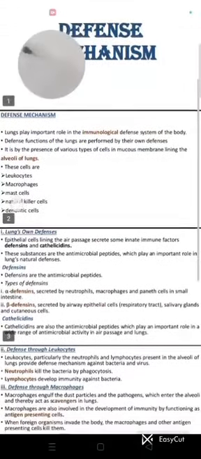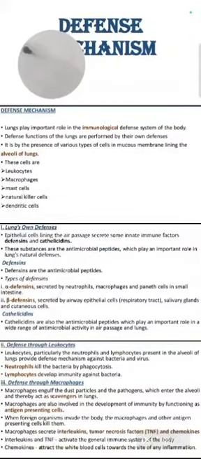So the defense mechanism of the respiratory system. In the respiratory system, lungs play an important role in the defense mechanism. So the defense functions of the lungs are performed by their own defenses. It is by the presence of various types of cells in the mucous membrane which lines the alveoli of the lungs.